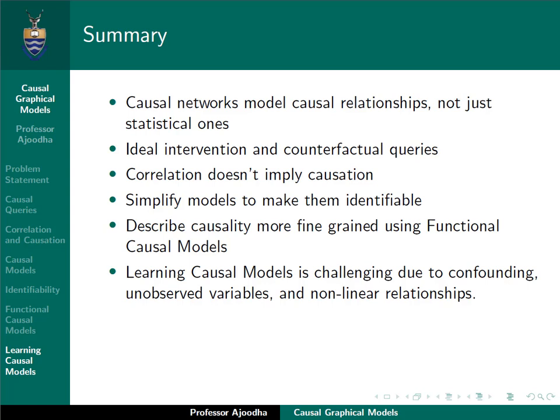So now we surpass statistical associations into causation. And it gives us a framework to think about causality. It gives us a framework to compute interventions, to compute counterfactual queries. Okay, we also spoke about why correlation does not imply causation.